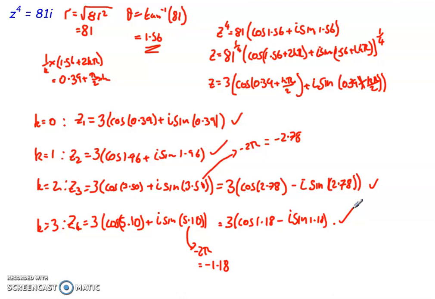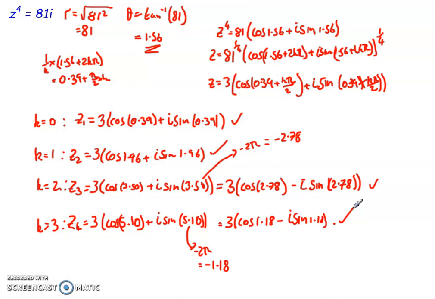That tells you how many solutions you're going to get, and you get the solutions by getting it in the generalized format. So your theta plus 2k pi, dividing it by the n, so the power that we're going to be taking, and then substituting in for k from 0 all the way up to 1 less than what you've got as your root.